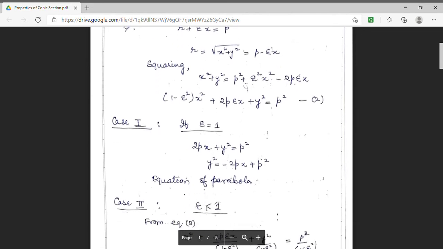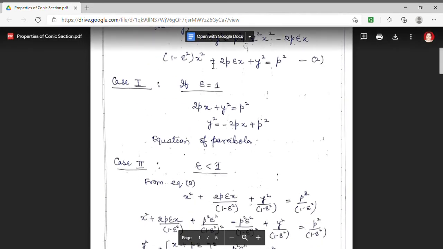Now moving over to the second case in which epsilon is taken as less than 1. I am taking my general expression again. This general expression can be expressed as x square, dividing by 1 minus epsilon square, x square plus 2p epsilon x divided by 1 minus epsilon square plus y square upon 1 minus epsilon square equal to p square upon 1 minus epsilon square.